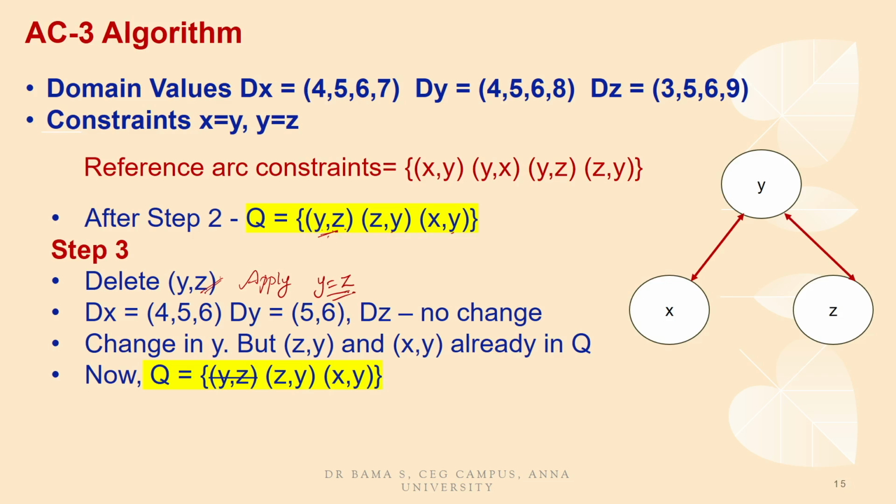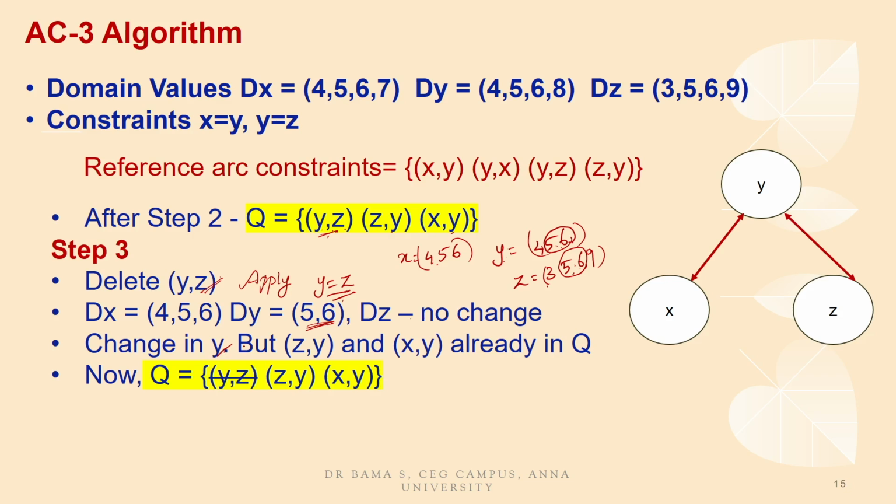Remember we had x as 4, 5, 6, y as 4, 5, 6 and z as 3, 5, 6, 9. When we apply y is equal to z, the values 5, 6 in y and 5, 6 in z are going to be equal. Therefore, y gets changed to 5 and 6, dz is no change. There is a change in y.